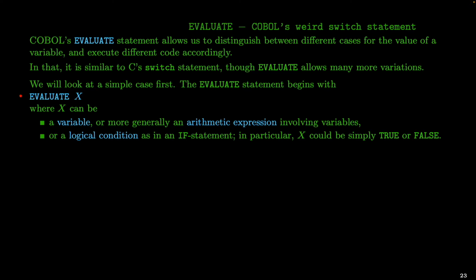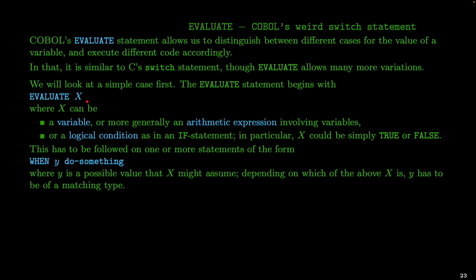So here we have the statement evaluate x, and x can be many things. It could be a variable, or even more generally an arithmetic expression involving variables, or it could be a logical condition of the same type we would use in an if statement. And in particular, x could simply be true or false, which are like the most basic logical conditions you can imagine.